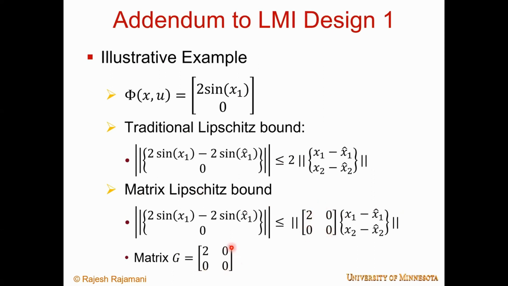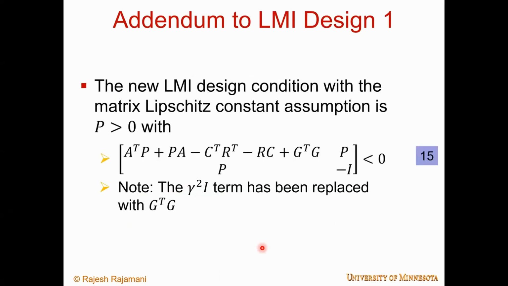You can see that this matrix is sparsely populated. Most of the elements in it are 0, and your LMI changes. Instead of gamma square I, the gamma square I term is replaced by G transpose G in the observer design LMI. So this is your new LMI for making the observer stable, and it can be supplied to the LMI solver in MATLAB.